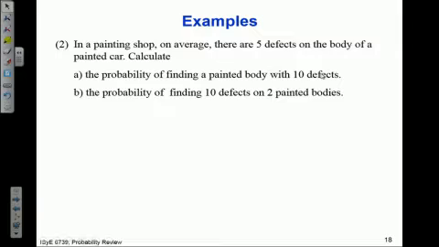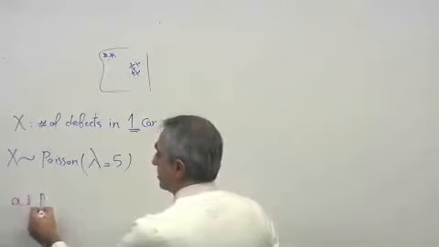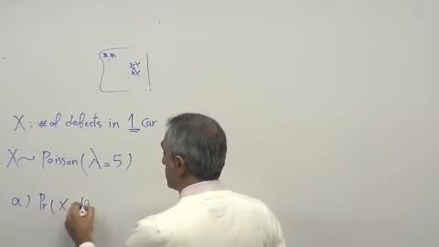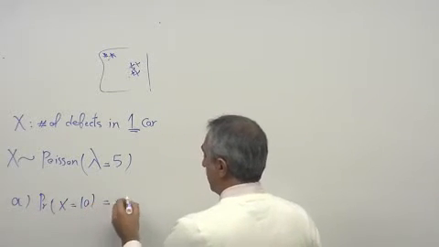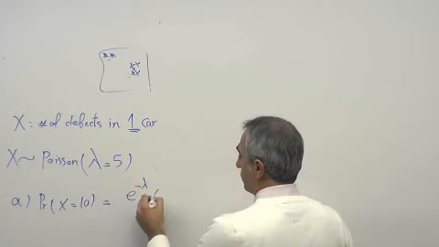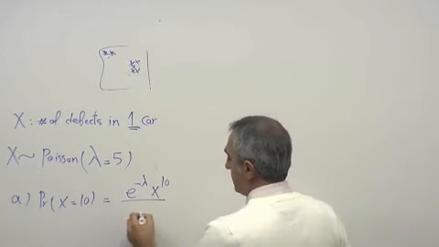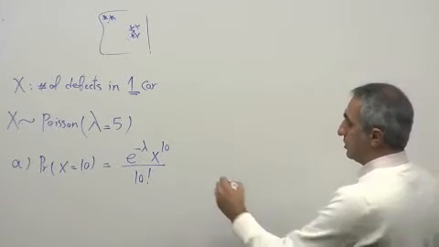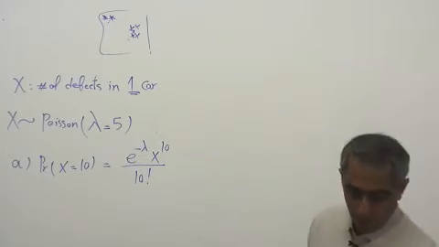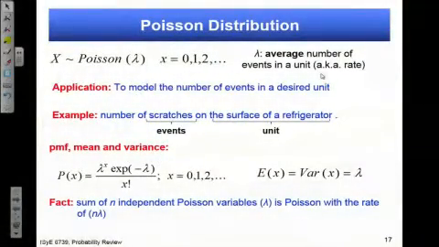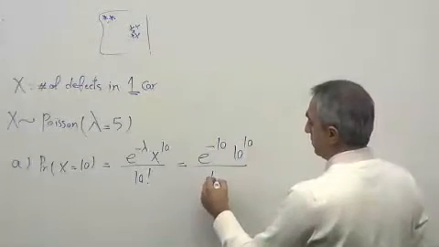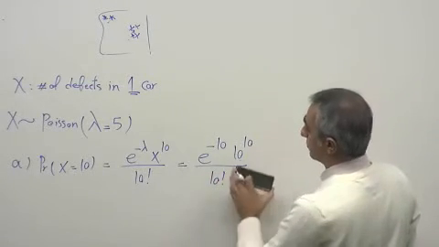So the first part asks for the probability of observing 10 defects. I know that's basically the PMF for the Poisson distribution. I had it in the previous slide. Oh, sorry, lambda is 5.